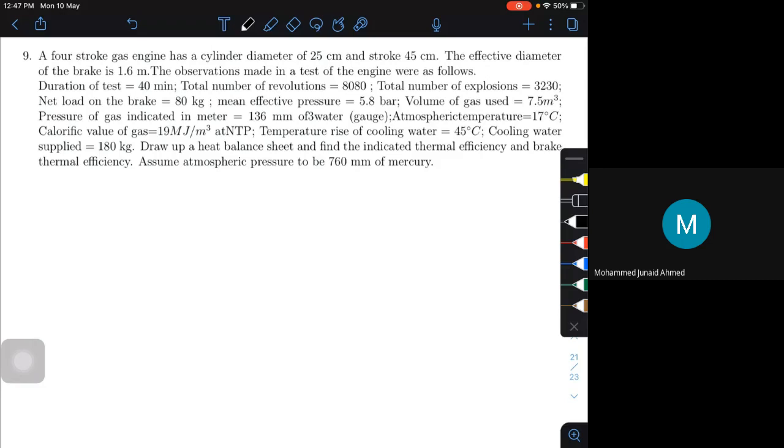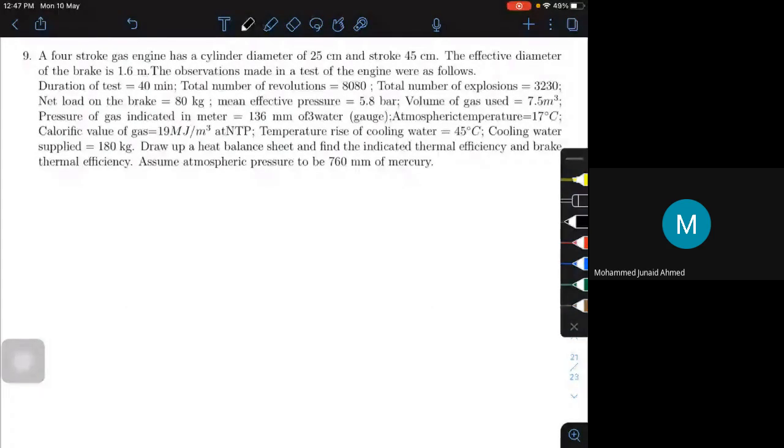The observations made in a test of the engine were as follows. Duration of the test, I keep telling you, you have to be very careful with that, here is 40 minutes. Total number of revolutions is 8080. Total number of explosions is 3230.